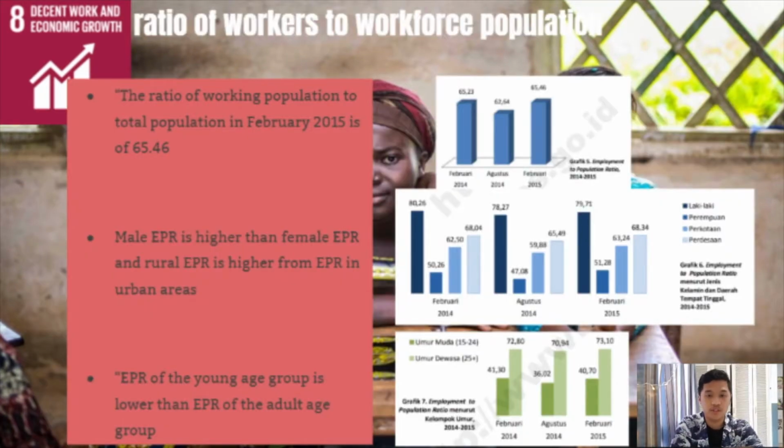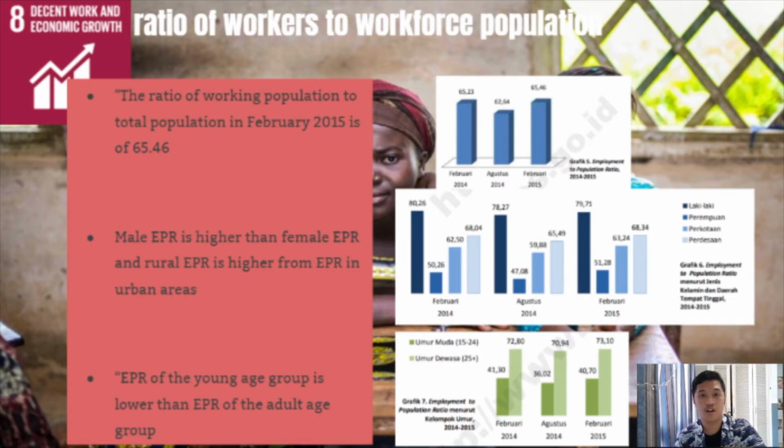Now we will talk about the EPR, or employment to population ratio. One of the key important indicators in the global market is EPR, and on a national basis, in February 2015, the EPR was about 65.46%, and you can interpret it as out of 100 people aged 15 and above, there are 65 people who work in February 2015.